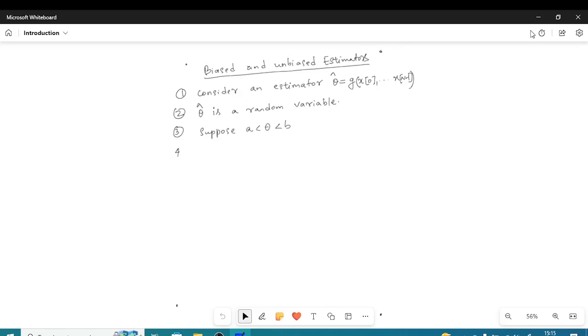So an estimator is unbiased if the following condition holds, that is, the average value of theta hat, the average value of the estimator, equals the unknown parameter for all theta in the range A to B.